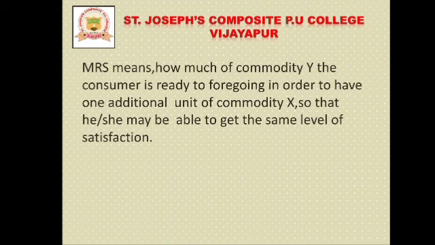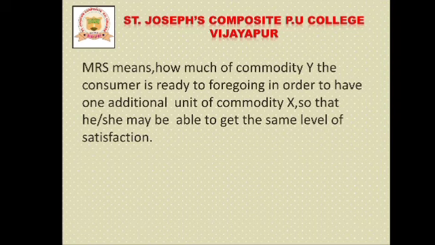Take for example, the same example, apple and banana. Apple is commodity X and banana is commodity Y. In order to get one more unit of commodity X, means apple, if he is ready to sacrifice or forego banana, that is called the marginal rate of substitution. Why does he need to forego commodity Y, banana? Because to get one more additional unit of commodity X, that is apple.